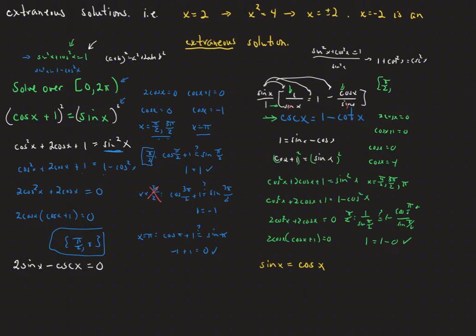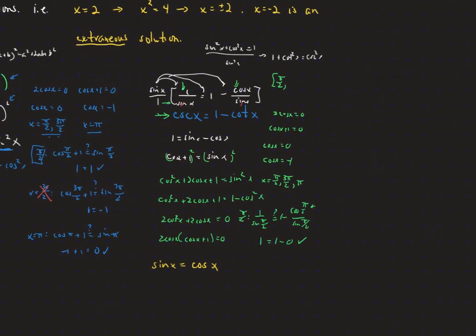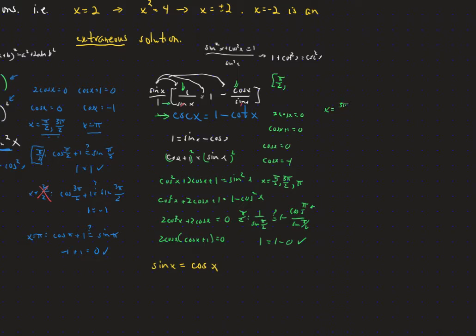Now if we check out the 3 pi, I don't have much room. I'm going to go sideways here. I can create some space this way. So let's look at 3 pi over 2. So we're going to have 1 over sine of 3 pi over 2, maybe, equal to 1 minus cosine 3 pi over 2 over sine 3 pi over 2.